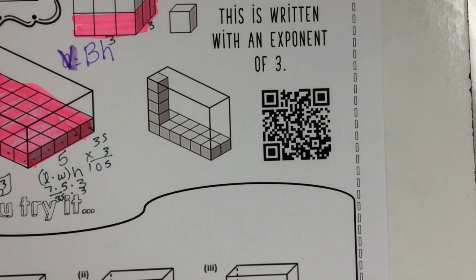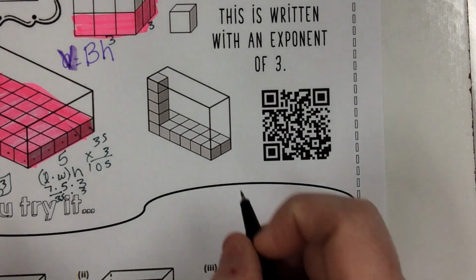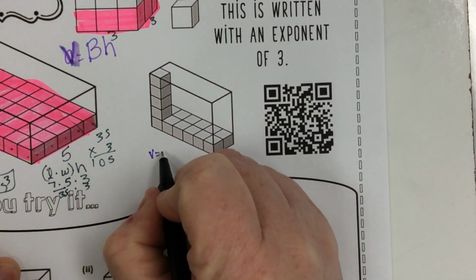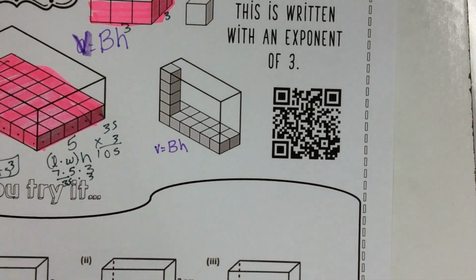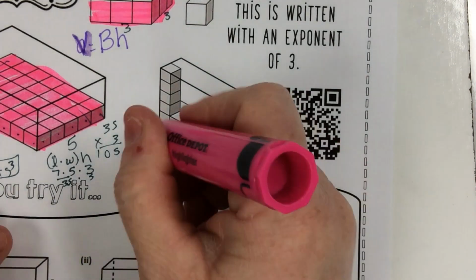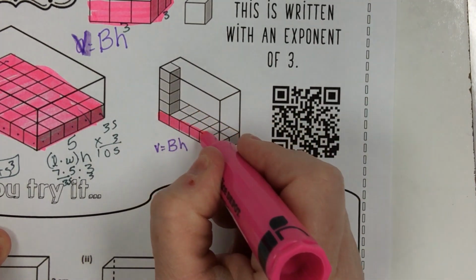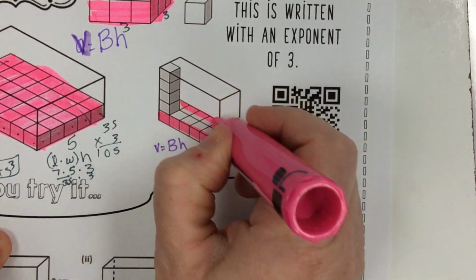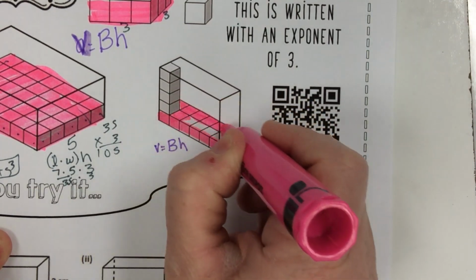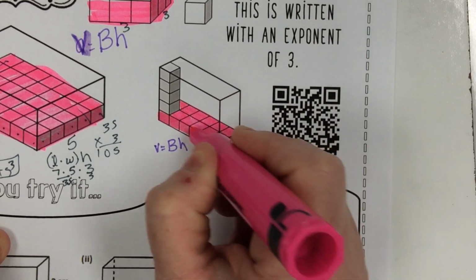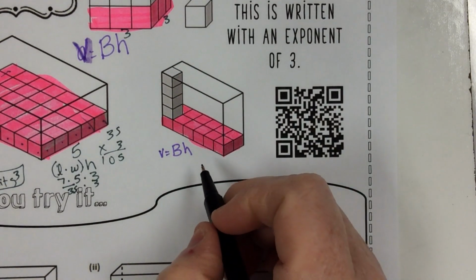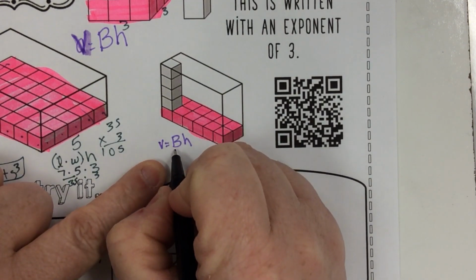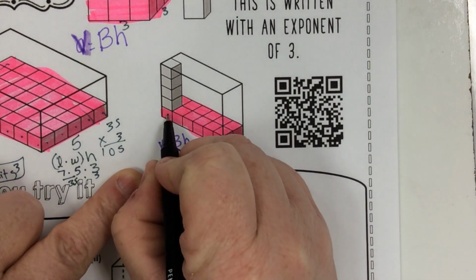Okay, this one right here is another rectangular prism. We're going to write our formula. Volume equals big B times H every single time. Now my big B is made up of the area of my base. So let's think about what my base is. We already knew this from elementary. This is really not a lot of new stuff. It's just explained a different way. It's a different formula. So my base is a rectangle, so the area of my base is length times width.